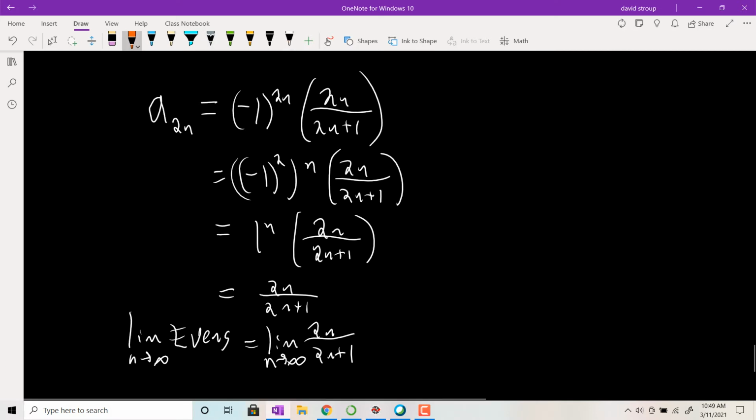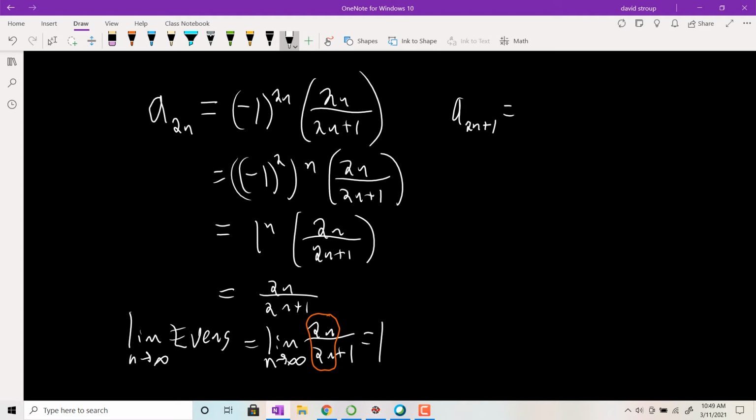And then our superpowers from calculus allow us to just look at that and note the limit is 1. Okay, let's look at the odd ones then. So 2n plus 1 or minus 1, depending on whether you're starting at 1 or 0. If you start at 0, we'll use 2n plus 1. That way we start at A sub 1.